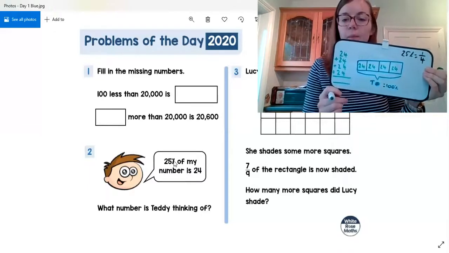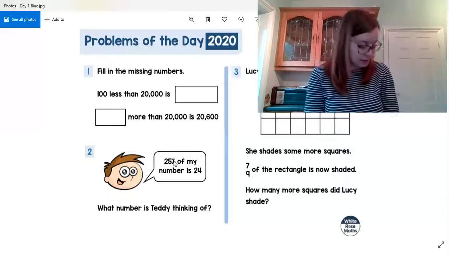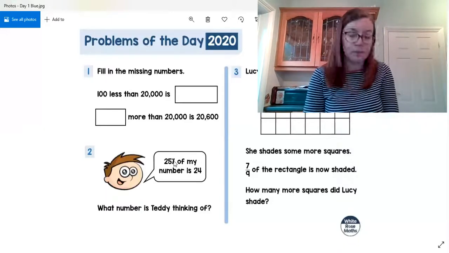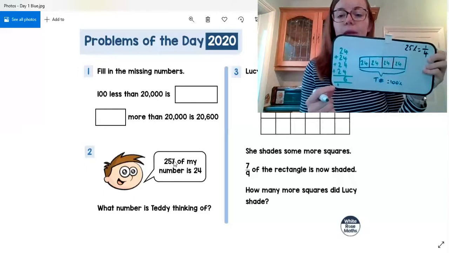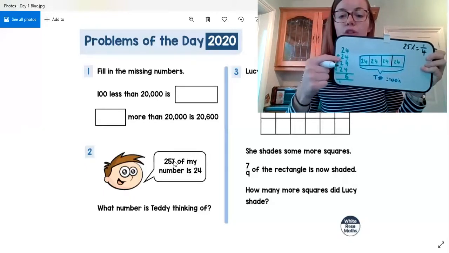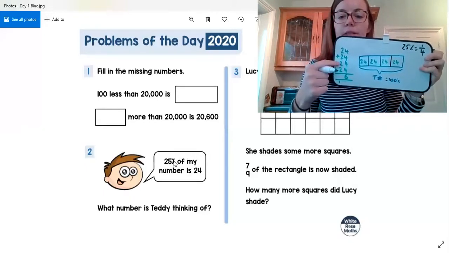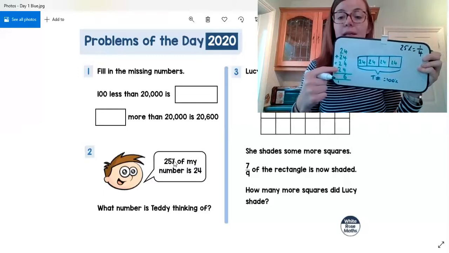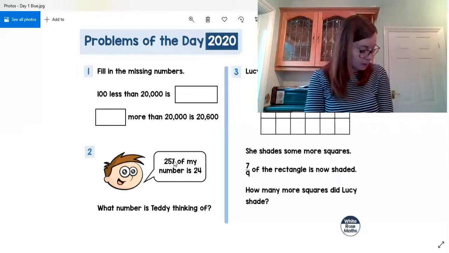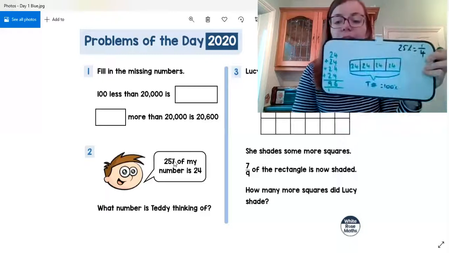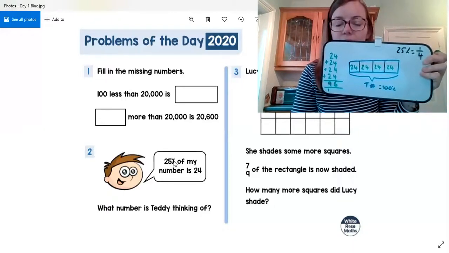Think about what lines up where. The 6 is going to stay in the units column, and the 1 goes underneath the tens column. Now I'm going to do 2, add 2 is 4, add 2 is 6, add 2 is 8, add 1 is 9, and I'm going to put that in there. So by adding them up, I figured out Teddy's number is 96.